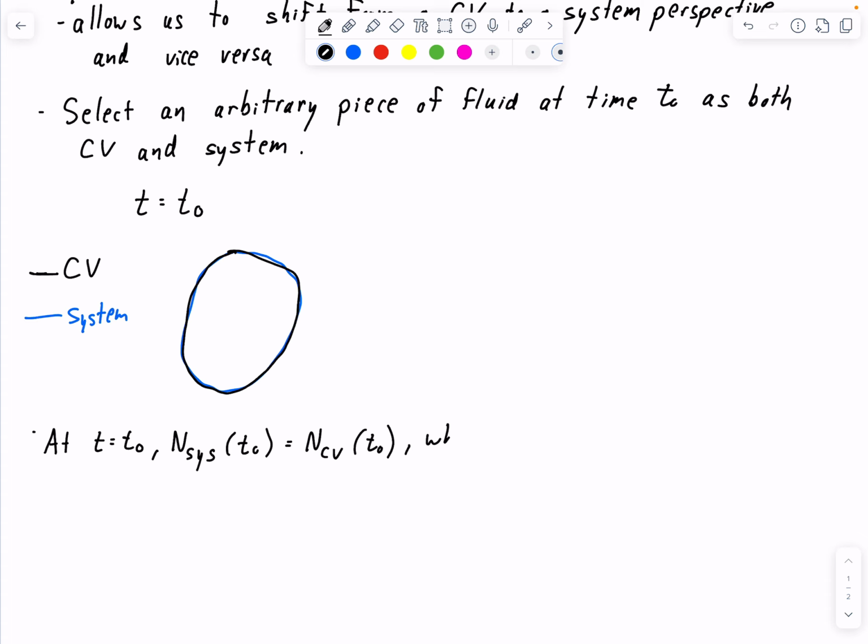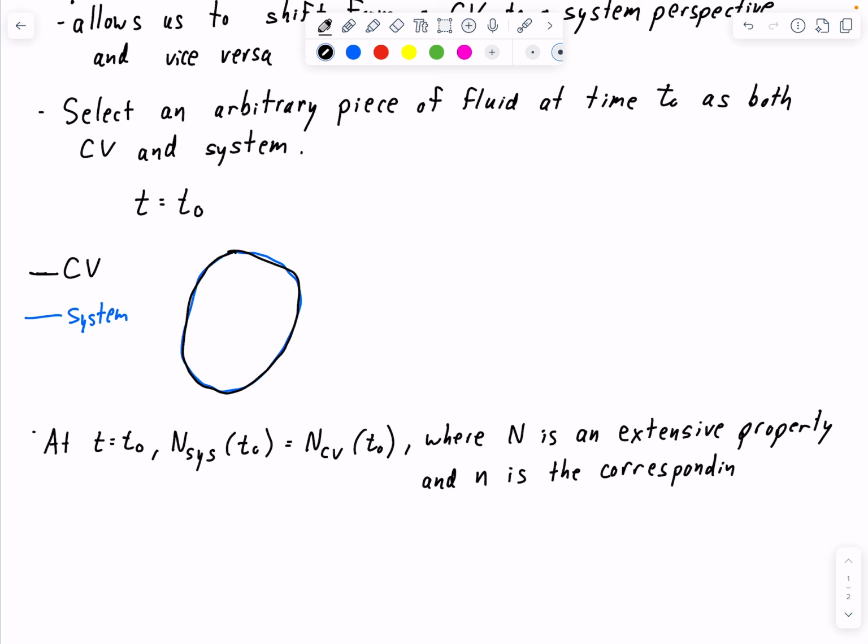And just to remind you that capital N is an extensive property. It could be mass or it could be momentum, and lowercase n is the corresponding intensive property.